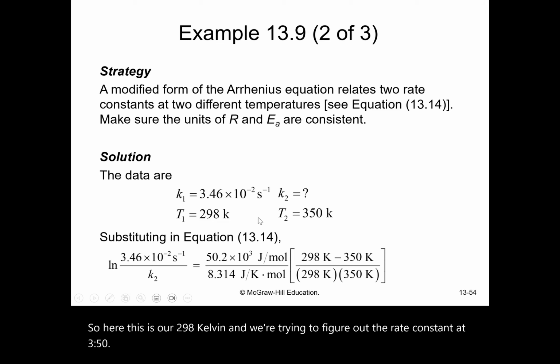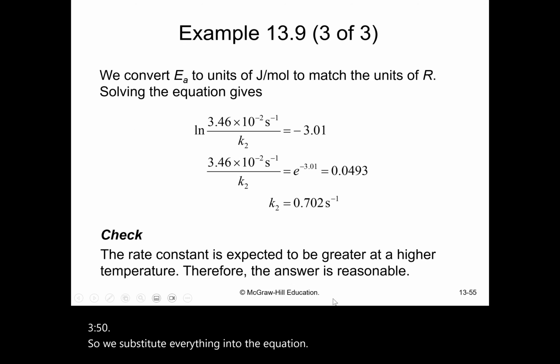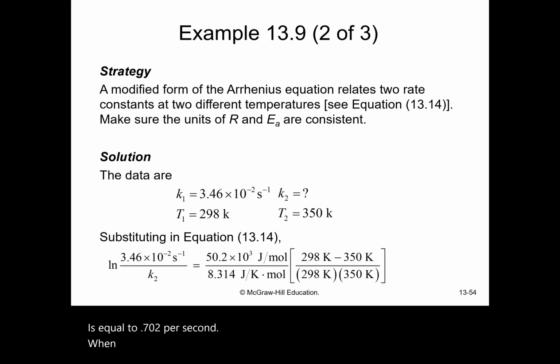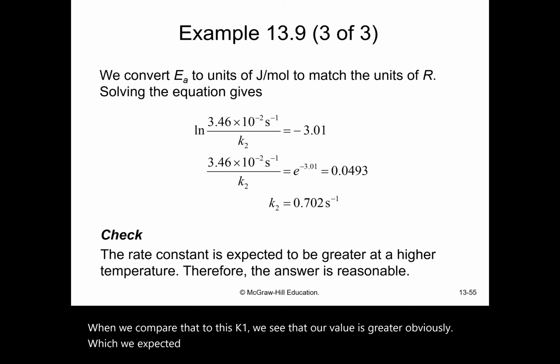So we substitute everything into the equation, and we get K2 is equal to 0.702 per second. And we compare that to this K1, we see that our value is greater, obviously, which we expected, because at higher temperatures you would have higher rate constants.